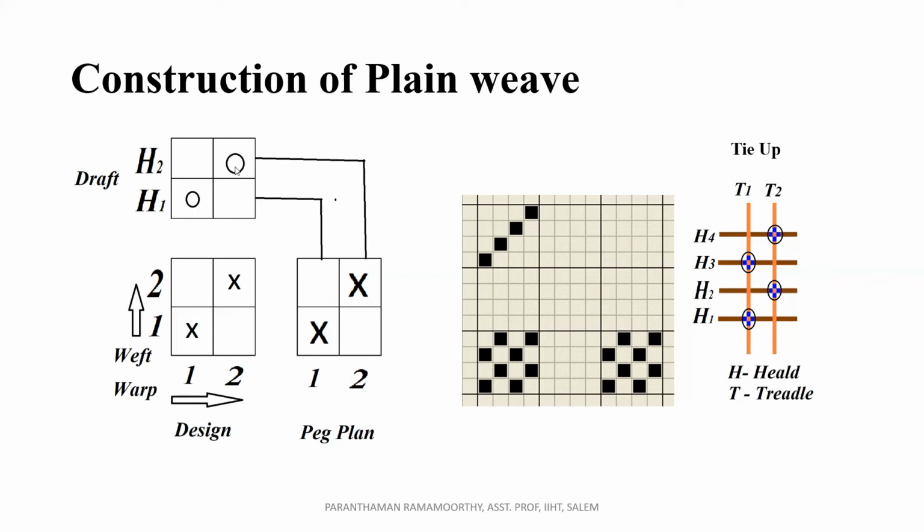It is a straight draft, so it is the same as the design. In the first pick, heald frame 1 is lifted up and forms the warp up in the first end. In the second pick, heald frame 2 is lifted up and forms the warp up in the second end.